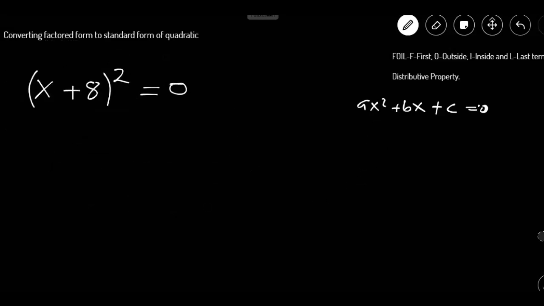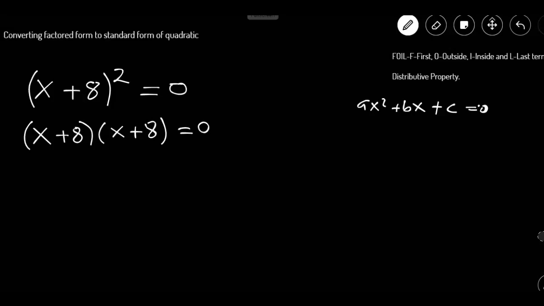Okay, let's look at example 3. We have (x plus 8) all squared. That means that x plus 8 is repeating itself, so we're going to write it as such, and then another x plus 8 equals to 0.